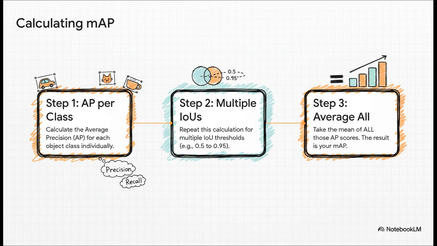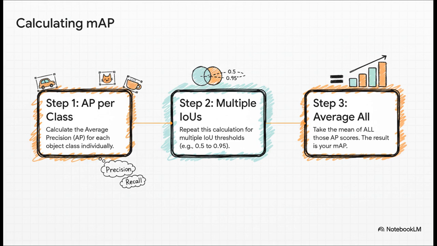It's really just 3 steps. First, we calculate the average precision, that area under the curve, for each and every object class. So we get an AP score for red blood cells, another one for white blood cells, and one for platelets. Then, to be extra thorough, we do that entire calculation again and again, each time with a stricter rule for what counts as a correct box.